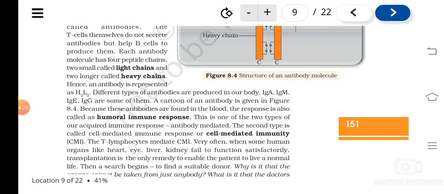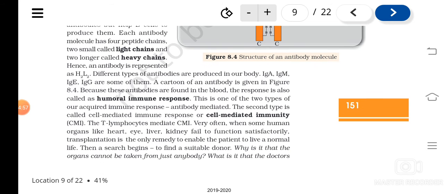And then I told you antibodies are found in the blood, so the response is called humoral immune response, and another type of response is the cell mediated immunity. Understood? So humoral immune response is there, then cell mediated immunity. T lymphocytes are responsible for CMI.